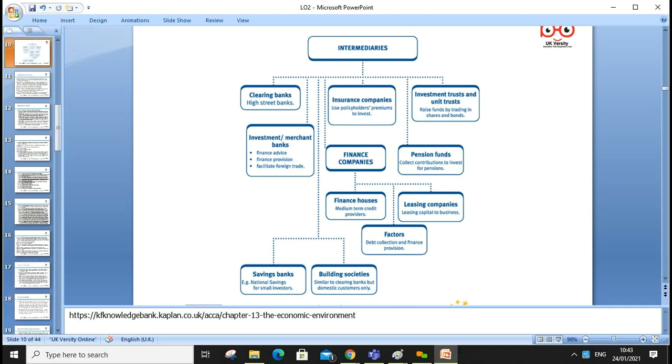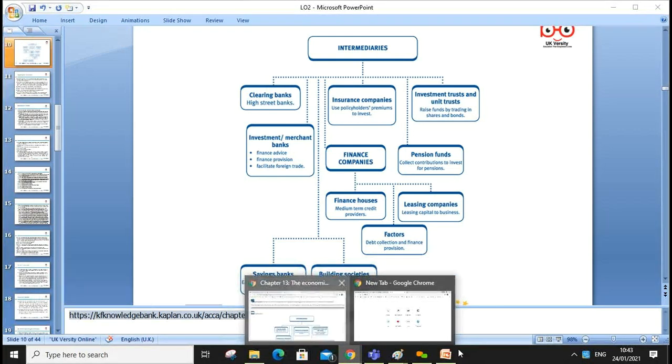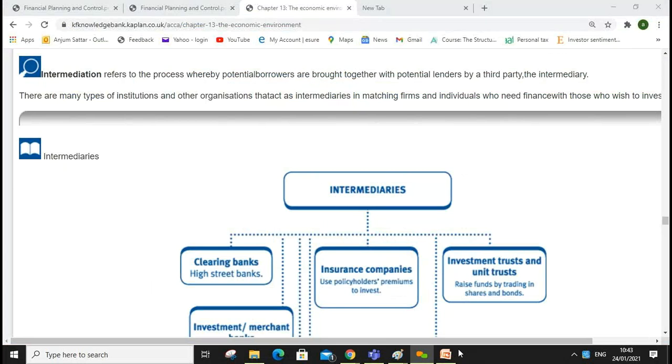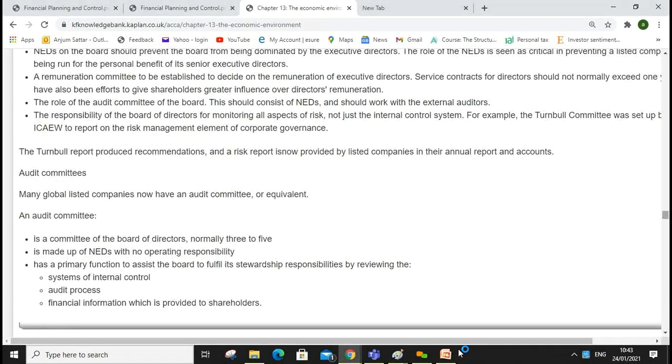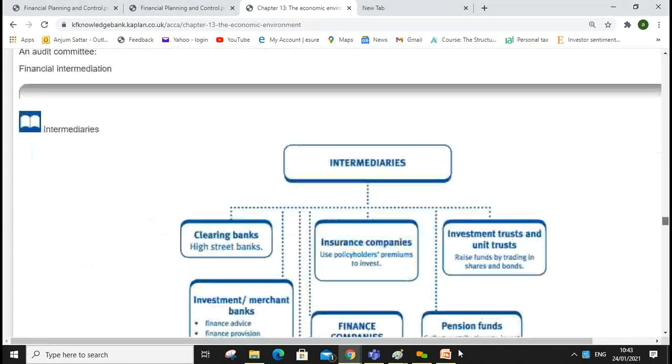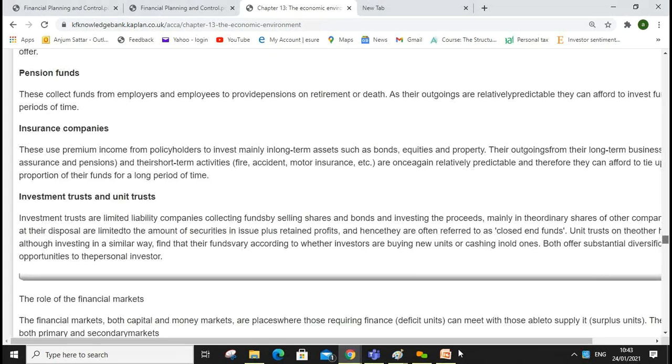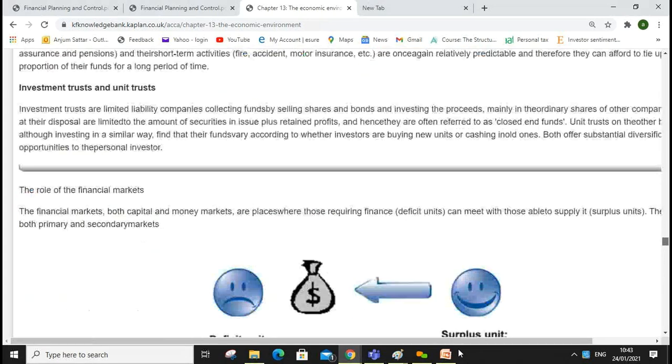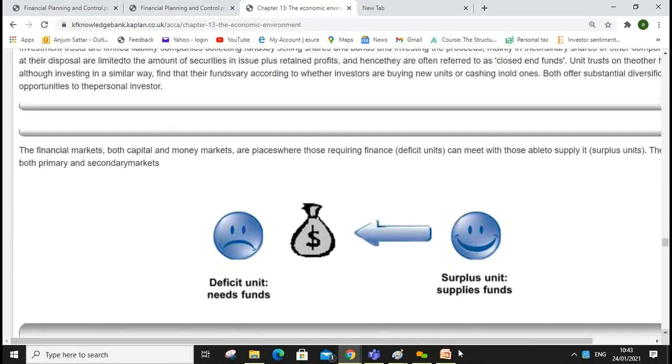Okay, so to understand all the concepts, I copied the link here. Guys, let's go back to this link. If we look around in this link, we have a lot of discussion about economic policies and intermediaries, and we can further move to the role of financial markets.